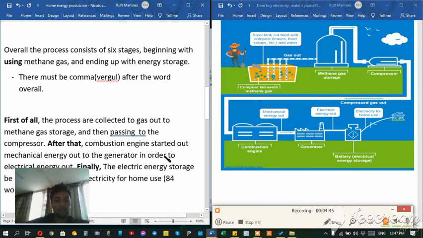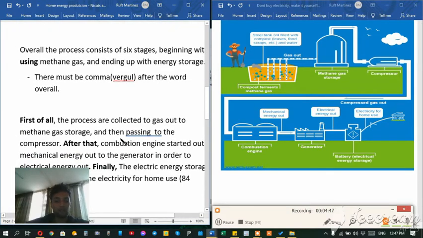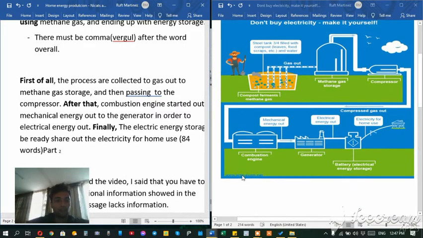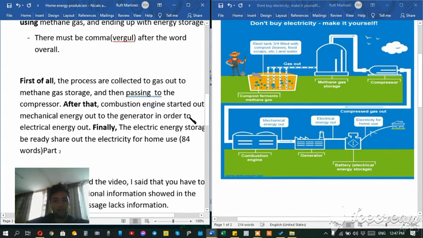I told you when I explained that lesson that almost everything you need is in the picture. You just have to understand the picture. You just have to look at the picture and see all the details. Try to see all the details.